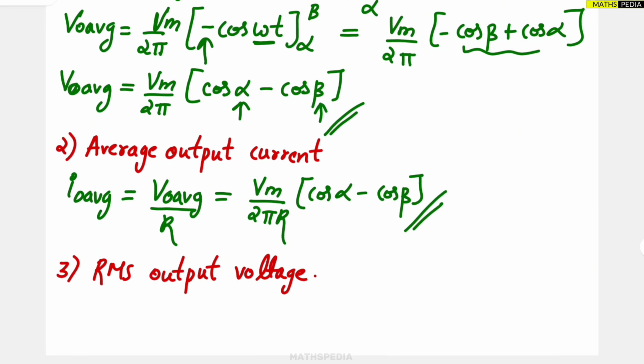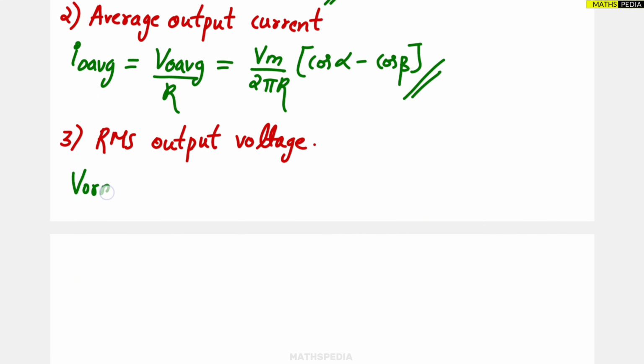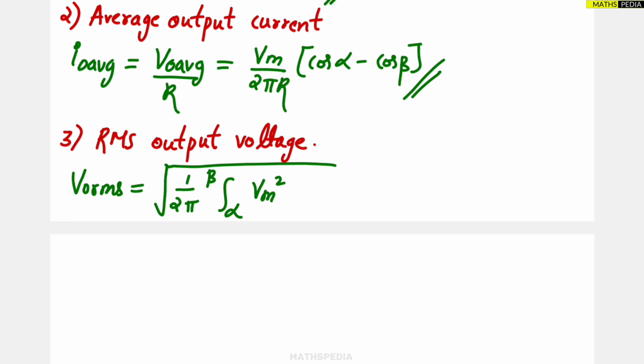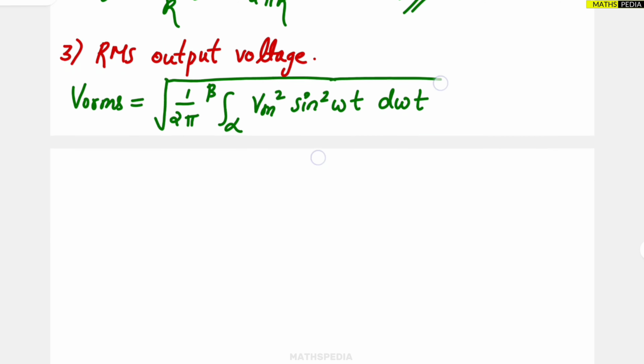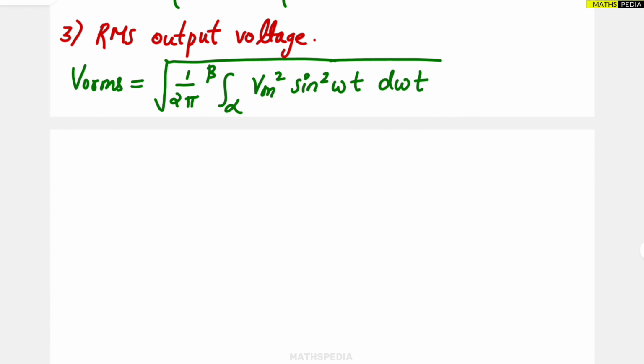So V out RMS is equal to square root of 1 by 2 pi, integration from alpha to beta of Vm sin omega t, so you have to square: Vm square sin square omega t d omega t. This we have done in R load also. Same thing, as I said, it is the same procedure. Only the limits will change. That's it. The periodic cycle will change.